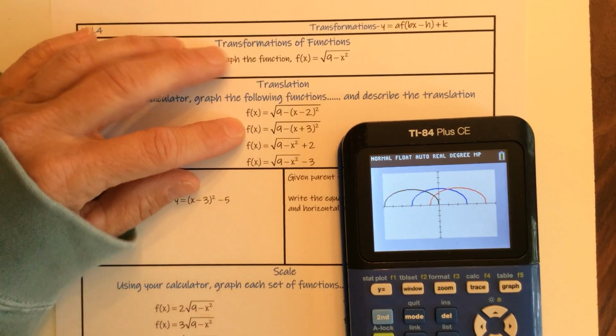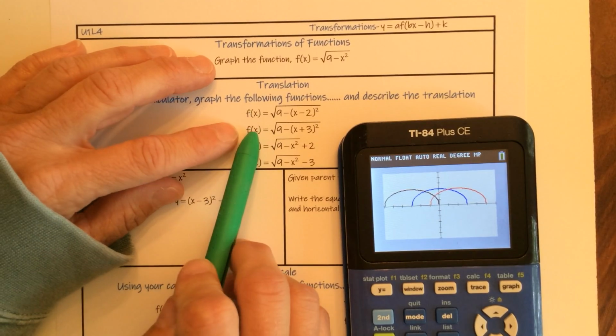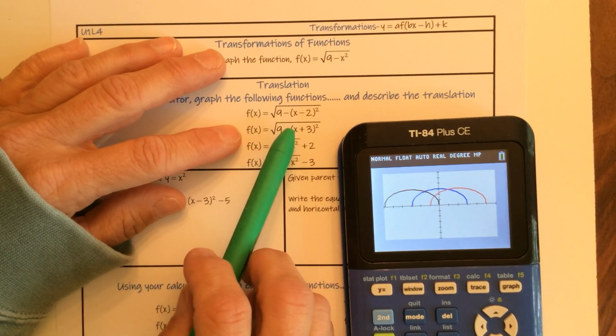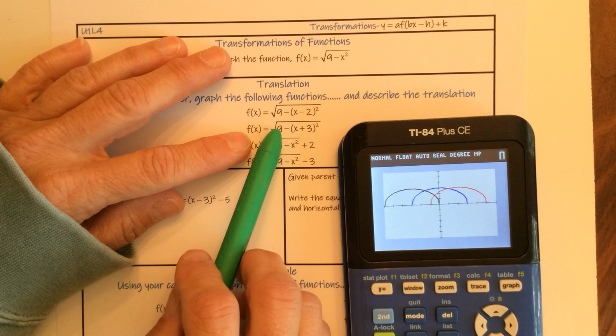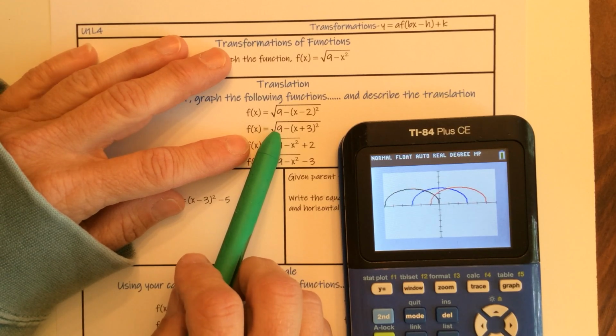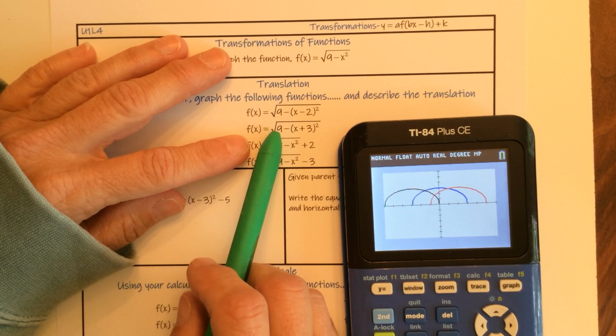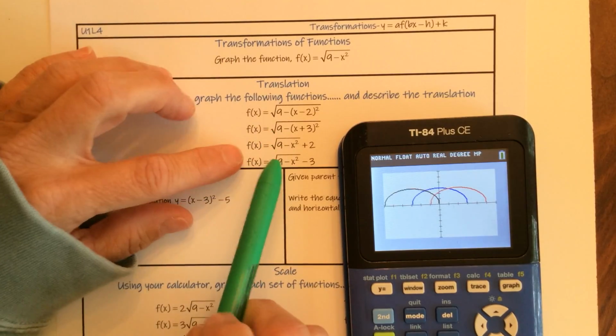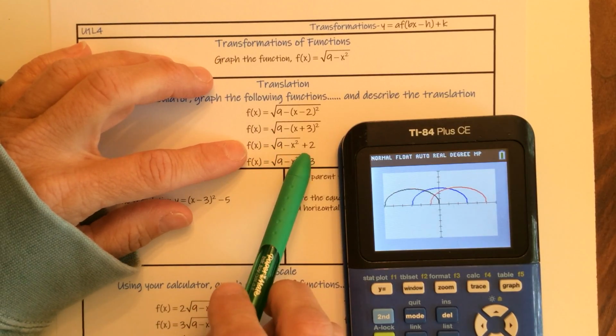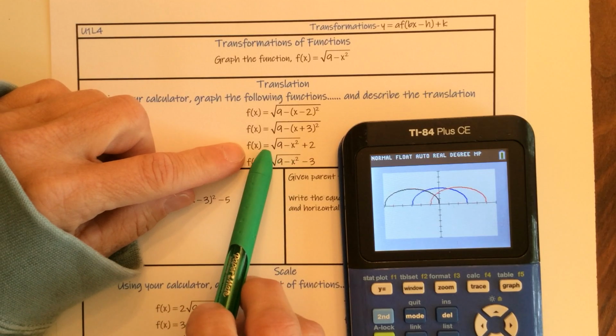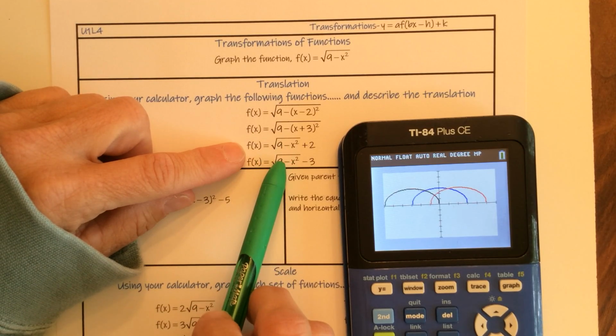These two graphs have given us a horizontal shift, or horizontal translation. Now think about what you expect to see when we graph the next two.